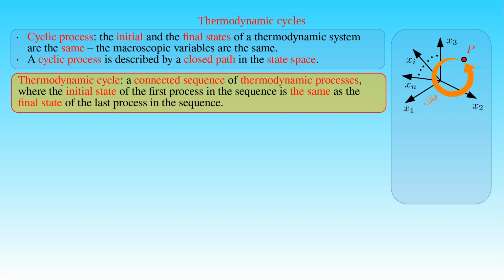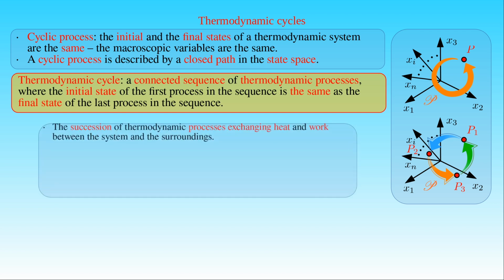Such a sequence of thermodynamic processes is known as a thermodynamic cycle. Here we can see three distinct thermodynamic states represented by the points P1, P2 and P3 in the n-dimensional state space, which are connected with the path calligraphic P. The point P1 denotes the initial and the final state of the system, and the states P2 and P3 are the intermediate states in the thermodynamic cycle.